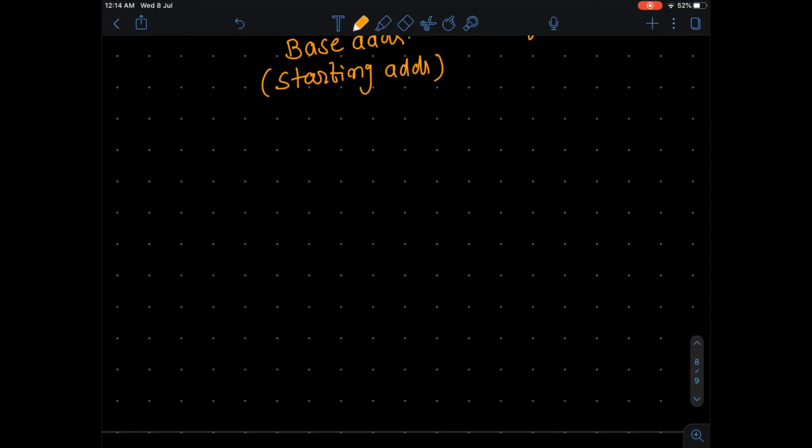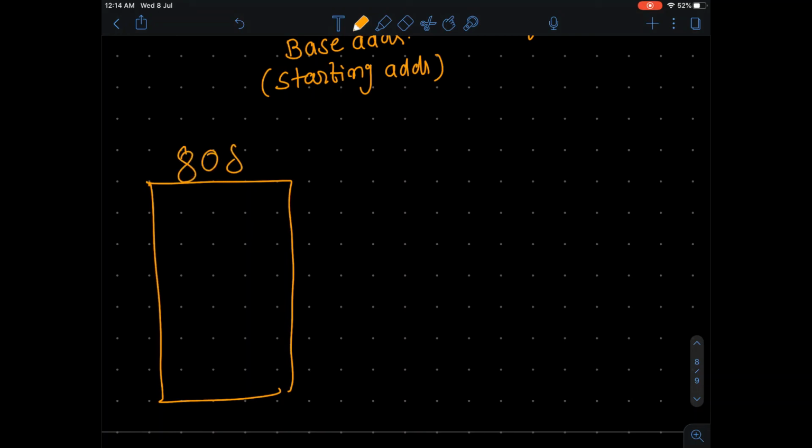So here we have two terms. The 8086 microprocessor contains the registers such as CS, DS, SS, ES. These are the registers in 8086. All those are 16-bit registers.